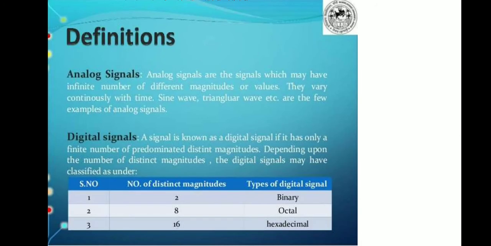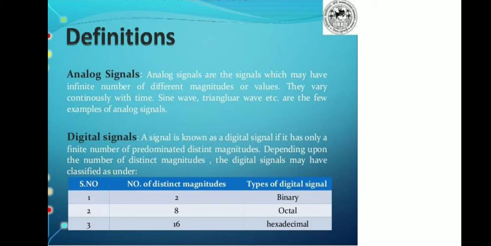First of all, let us see what analog signals and digital signals are. Analog signals are the signals which may have an infinite number of different magnitudes or values. They vary continuously with time.